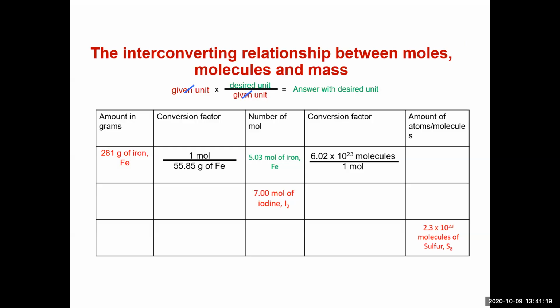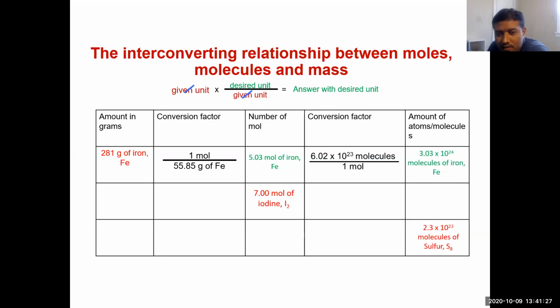Okay, I got it. It's 3.0 times 10 to the 24. Perfect. That's what I got. So when you try it with the calculator, this is the number you should end up with.